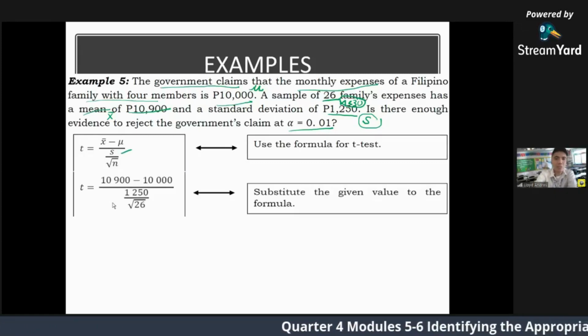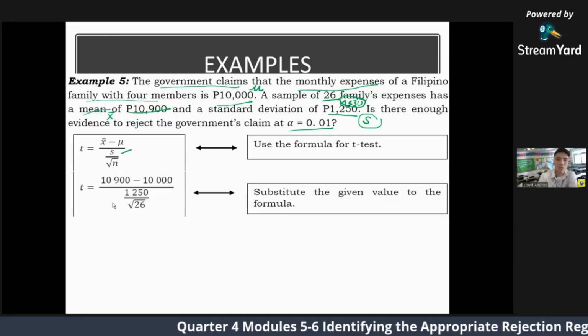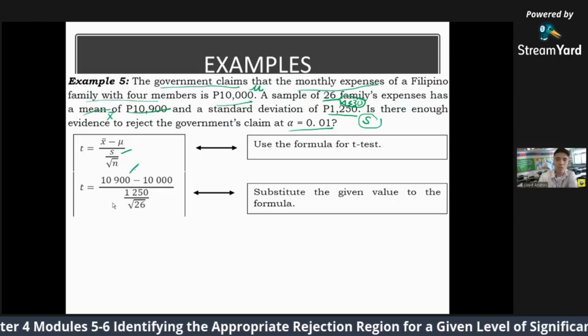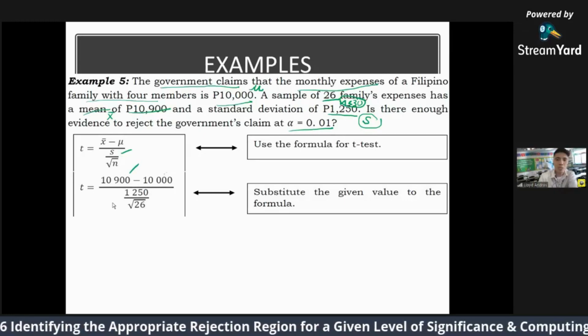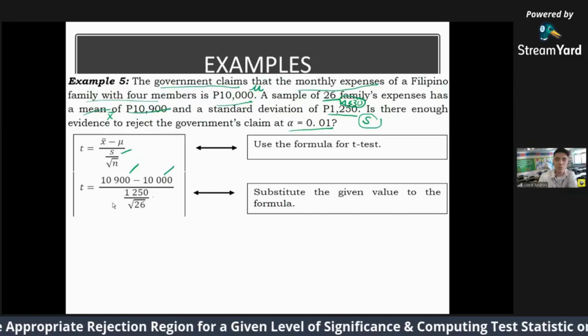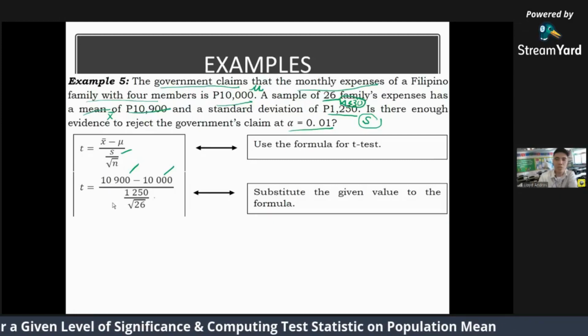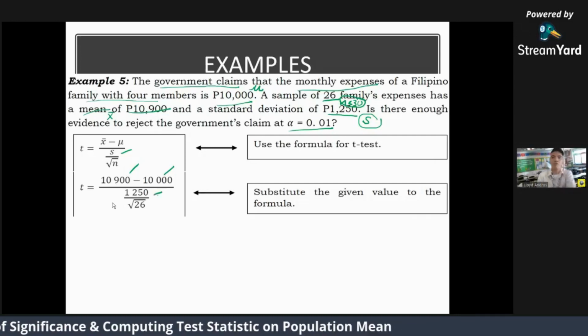Next, just substitute. This X bar is 10,900, mu is 10,000, and the sample standard deviation is 1,250, and the sample size is 26.